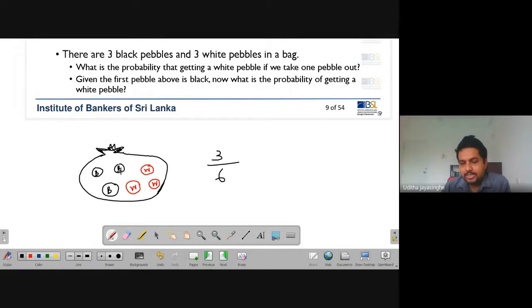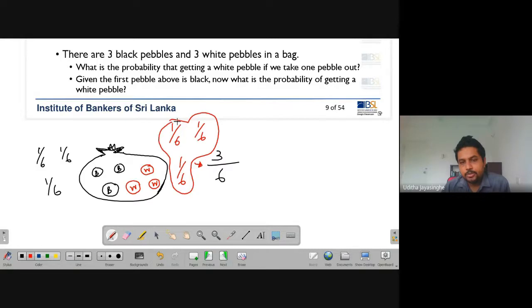If you take 1 out, it's going to be 1 divided by 6, 1 divided by 6, and 1 divided by 6 for the black guys. And for the white guys, 1, 1, and 1. So this is going to be the total. These 3 elements together is going to calculate my probability as 3 divided by 6. Okay, hope that is clear.